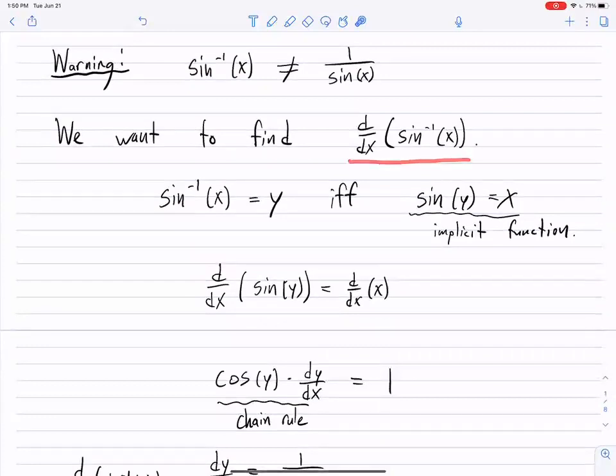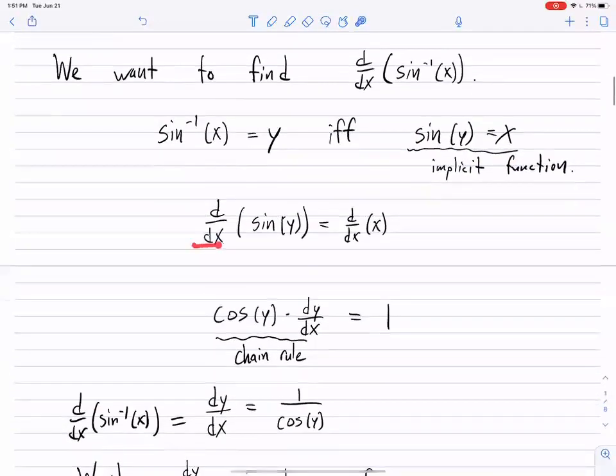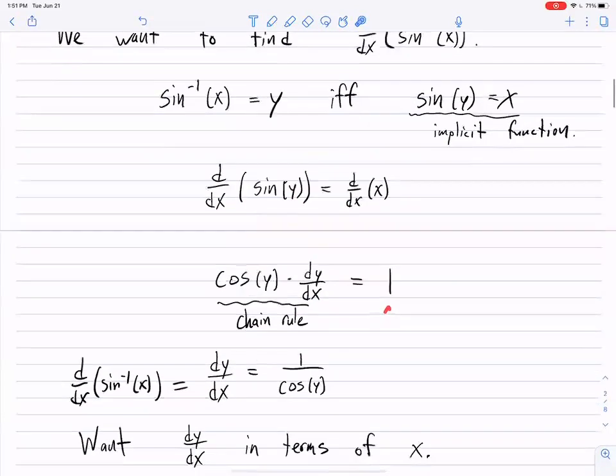So if I want to find the derivative of sine inverse of x, I can use the fact that sine inverse of x equals y if and only if, taking the sine of both sides, sine of y equals x. Now this is an implicit function, so I can do implicit differentiation to both sides. On the left-hand side, we take the derivative of the outside function, which is cosine, times the derivative of the inside function, which is dy/dx, and the derivative of x with respect to x is just 1.